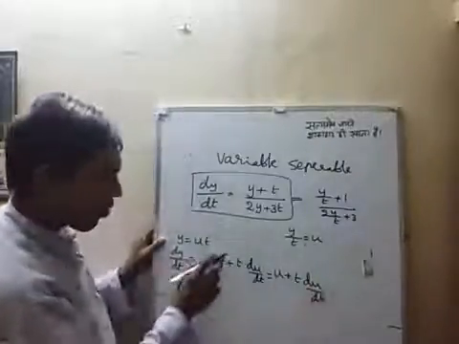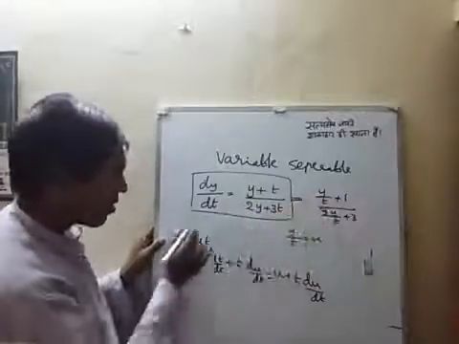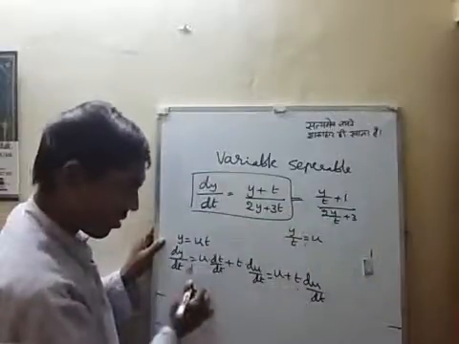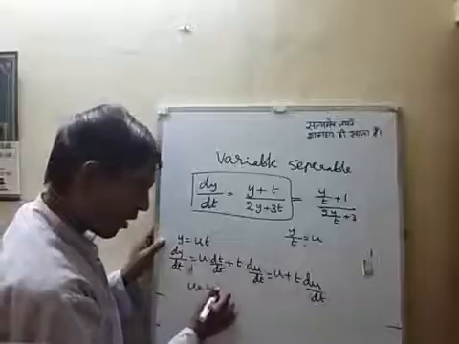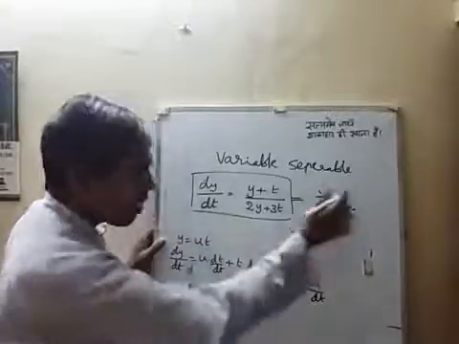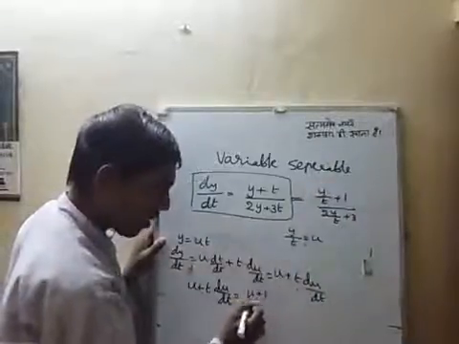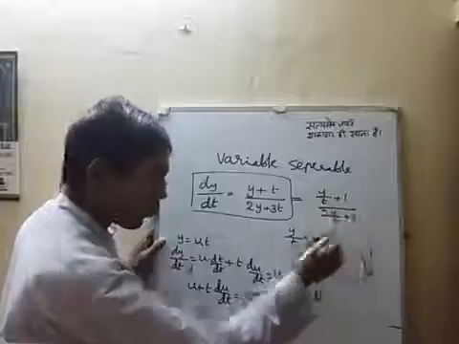Okay. So now I will substitute this into this equation. That means in place of this I will put this, u plus t du by dt is equal to, on the right hand side this will become u plus 1 by, this will become 2u plus 3.